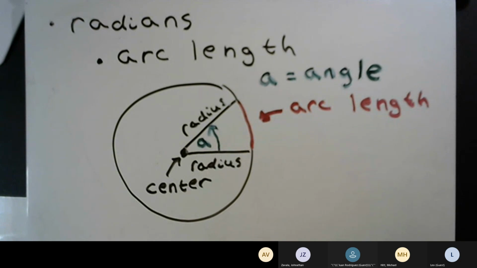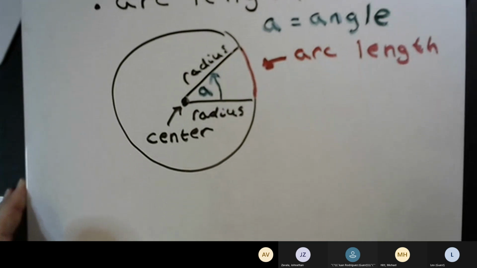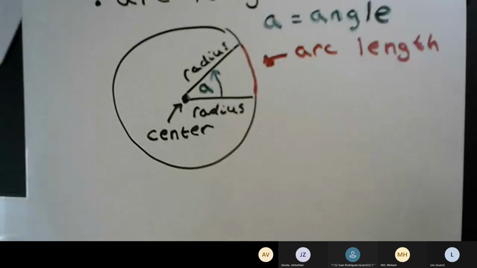Now, another way of measuring an angle is this thing called radians.